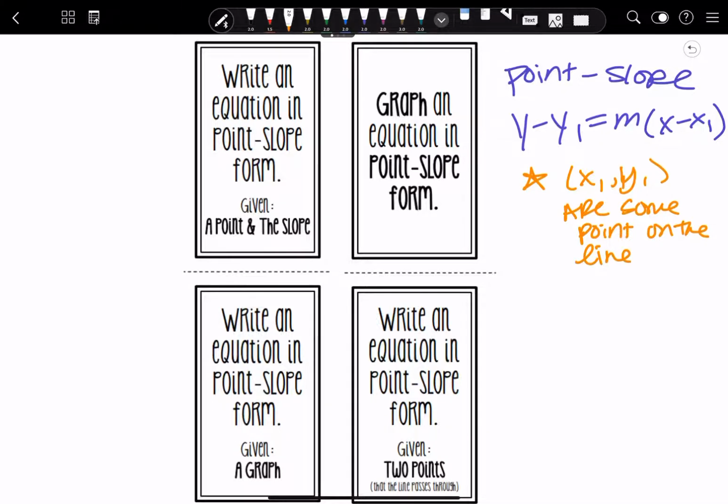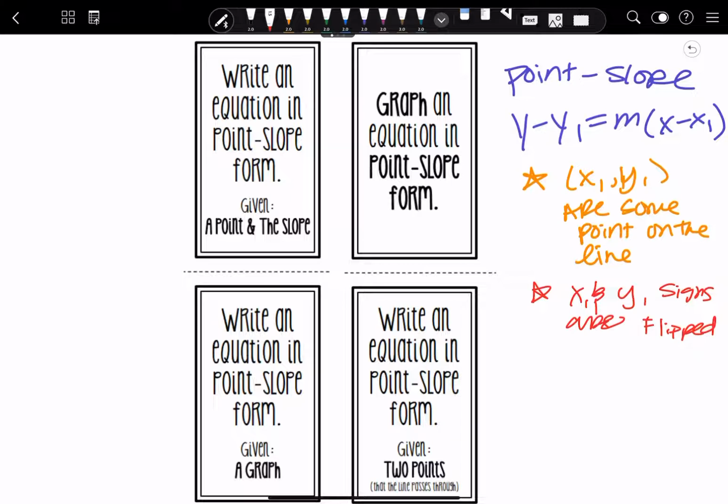The next thing is that of this point, x and y, the x1 and y1 signs are flipped. But if you end up using the formula and substituting with those parentheses, you shouldn't have a problem.